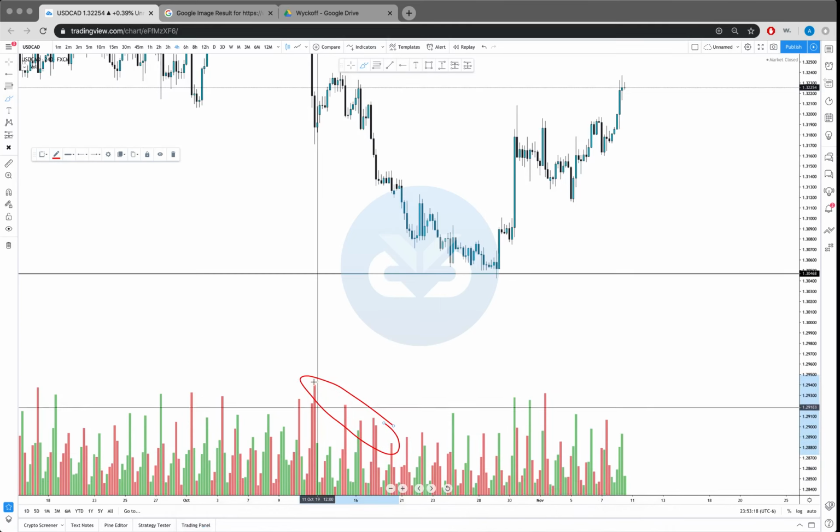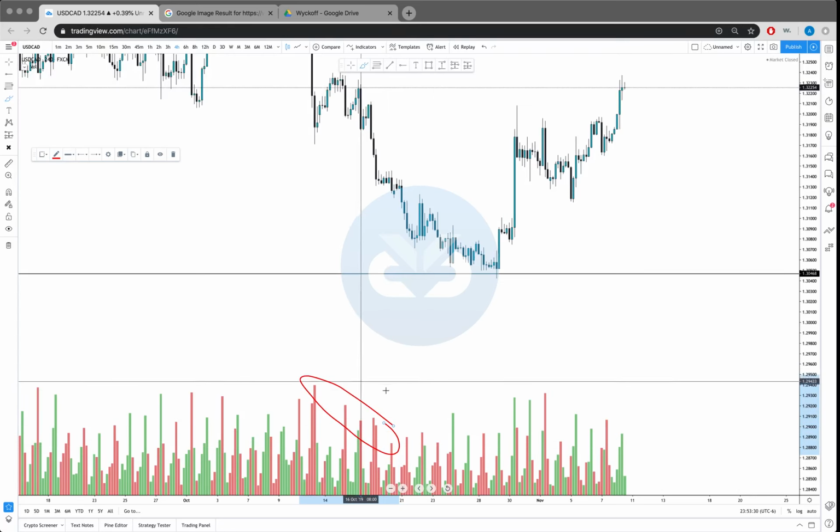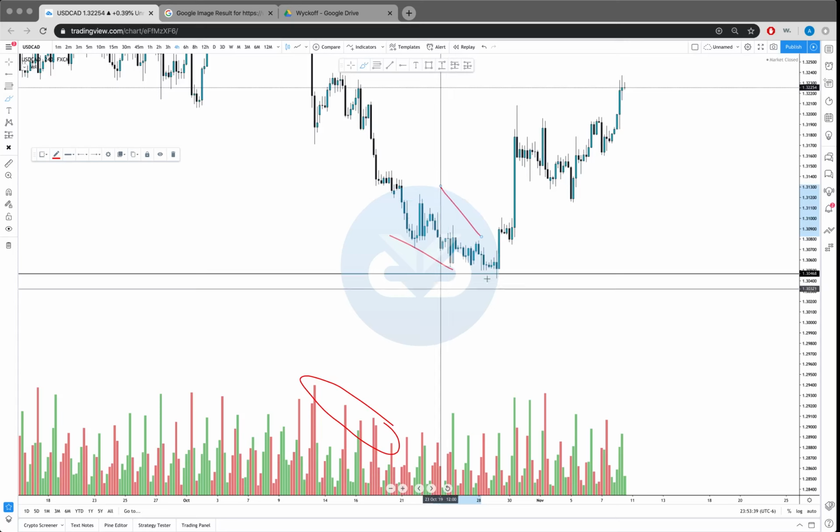What does this mean? This means that there is a diminishment in selling volume, selling pressure from liquidity providers. And not only that, but we're starting to see just a decline here, which is now leading to some sort of corrective structure in the actual chart.